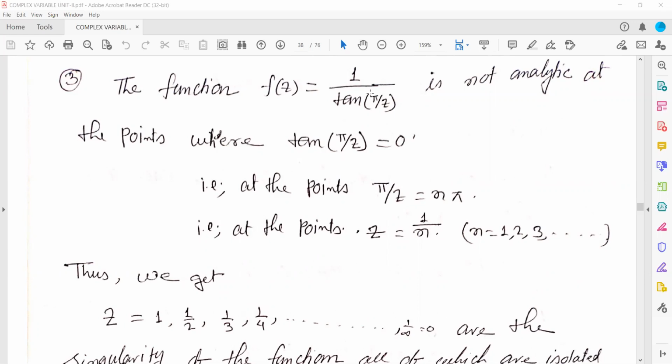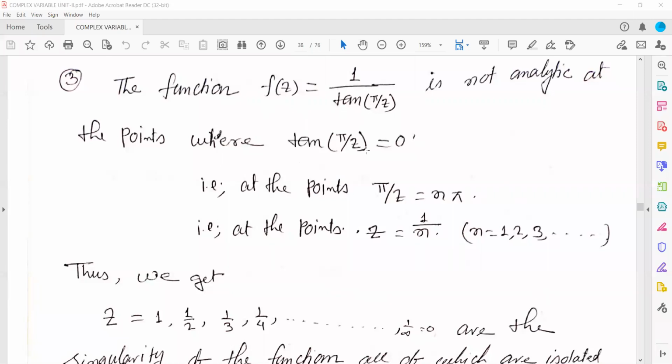So obviously, if this denominator is 0, then the function will not be analytic if you find the derivative. So for finding the point at which the given function is not analytic, put this denominator equal to 0.